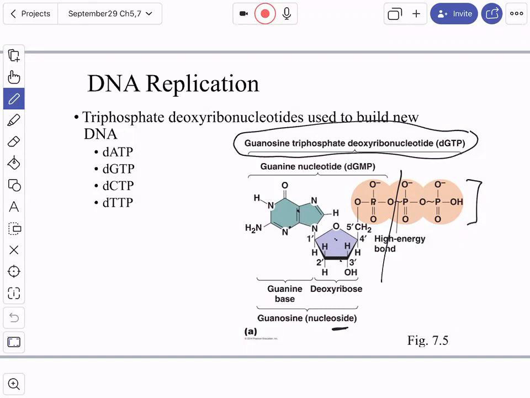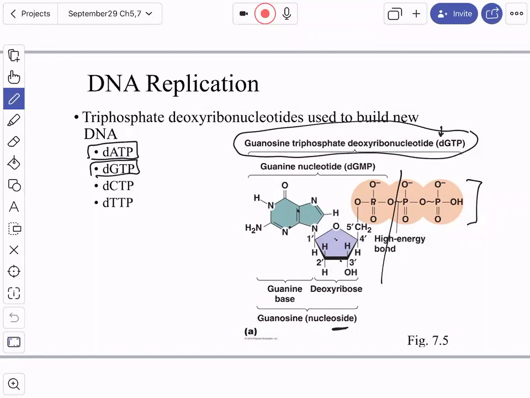Okay, so again, the terminology is cumbersome to me, but when you see this dATP or dGTP, that stands for guanosine triphosphate deoxyribonucleotide. All right, so the deoxyribonucleotide is the d part, and then guanosine triphosphate.